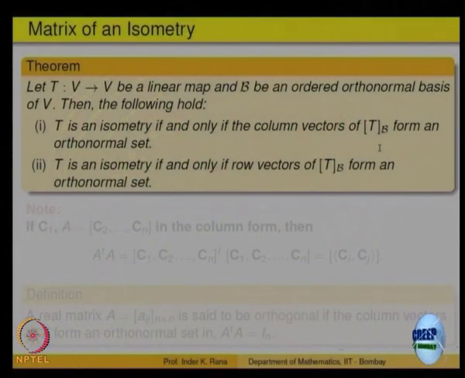And another one is that the row vectors also form an orthonormal set.